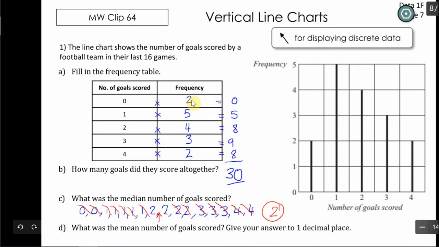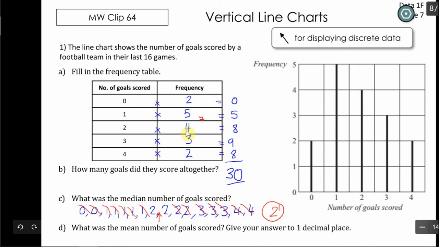So is the 8th bit of data in here? Well, no, because we've only got 2 bits of data that we've seen so far, 2 matches if you like. If we include the next set of matches, how many bits of data have we seen altogether? Well, we've seen 7 games altogether, just keeping a little running total. So is the 8th game a game where 1 goal was scored?